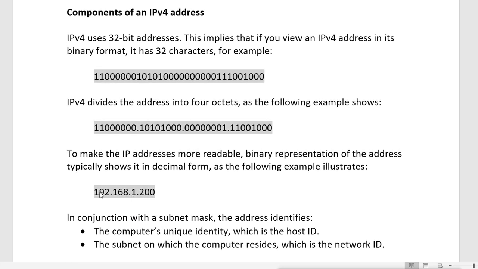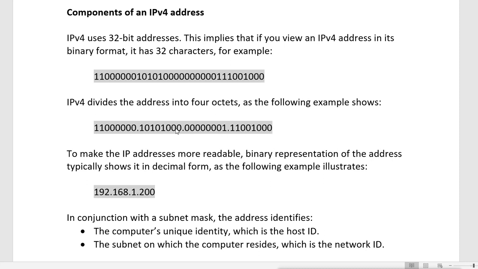Now where does this decimal version come from? Each binary bit has its own value. For example, in this IPv4 we have 8-bit parts. So in every part we have only 8 bits.